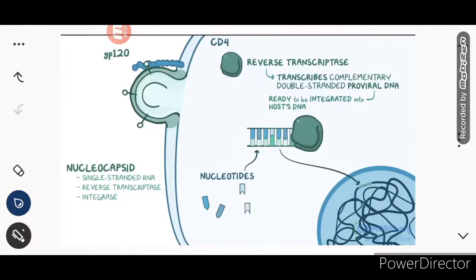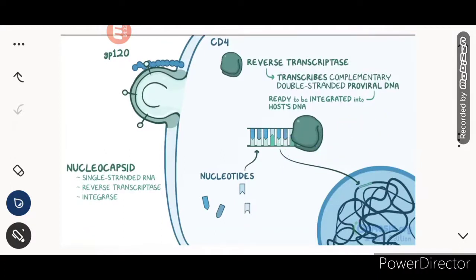The reverse transcriptase transcribes the complementary double-stranded proviral DNA. It uses the nucleotides in the cytoplasm of the host cell to form the DNA from the RNA. Via the reverse transcriptase, it uses the nucleotides of the host to make its own proviral DNA, and then with the help of the integrase enzyme, it incorporates into the host cell and takes over the whole mechanism.